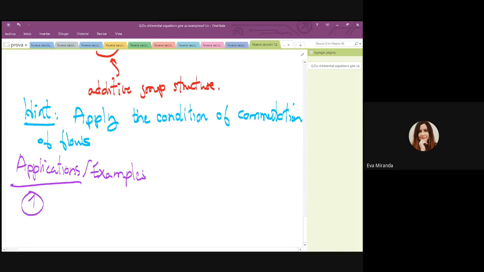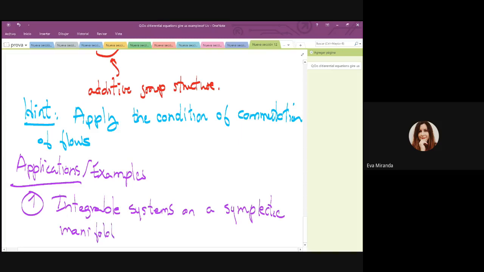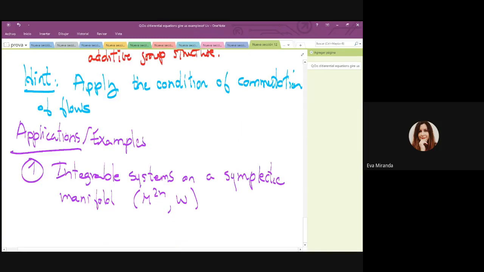The first one is the case of integrable systems on a symplectic manifold, that will show up really soon. That's the next topic we need to deal with, symplectic manifolds. Here we have a natural way to associate these vector fields.